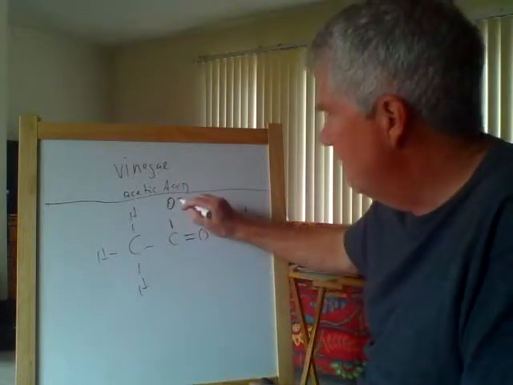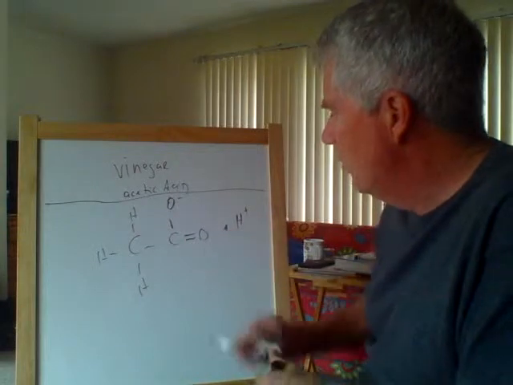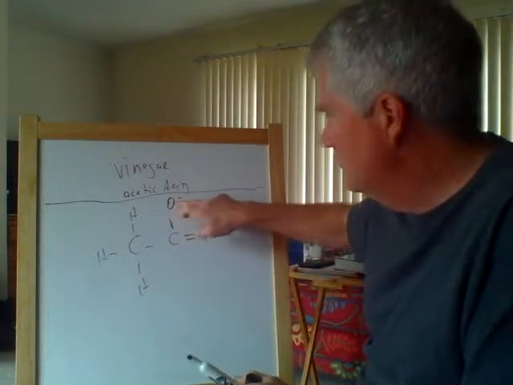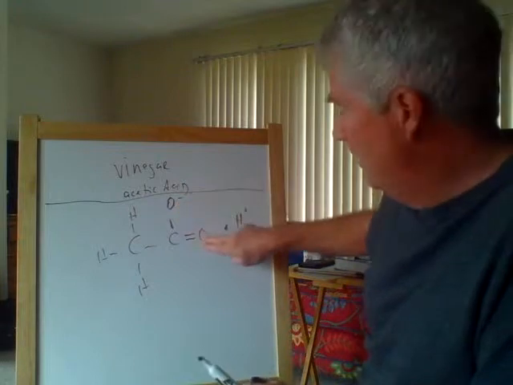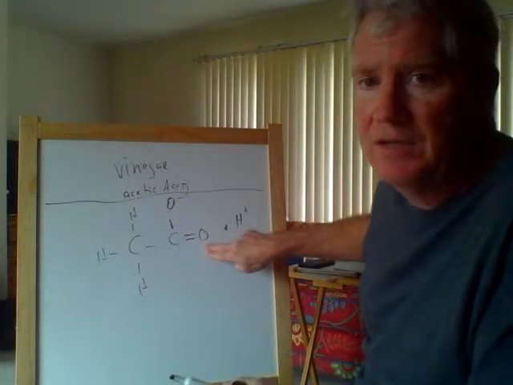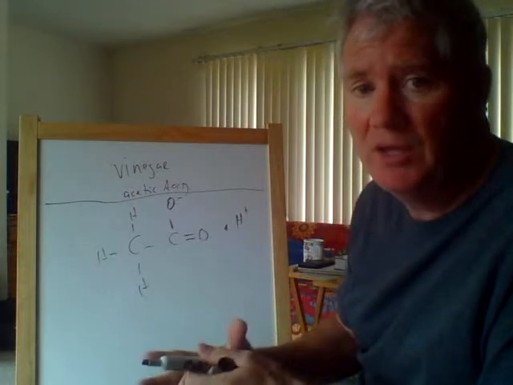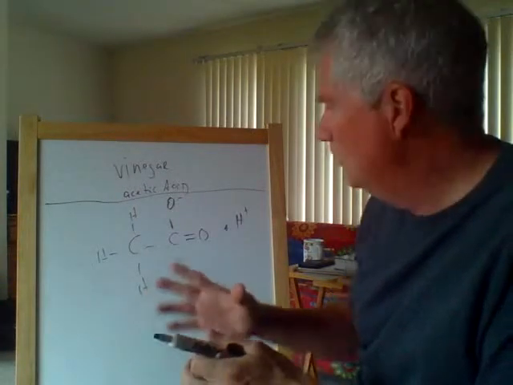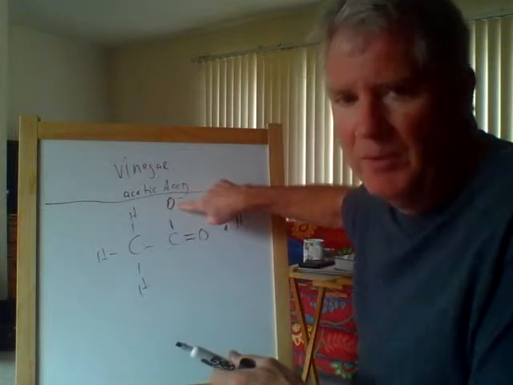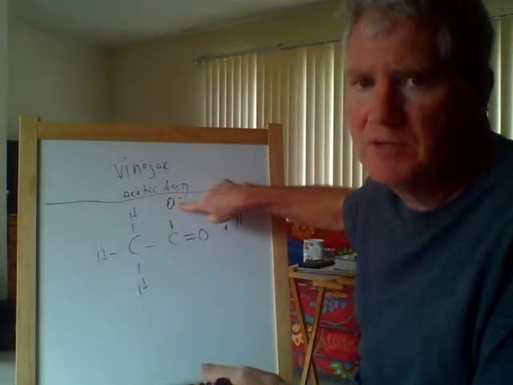It's almost like this oxygen has a half negative and this oxygen has a half negative. This results in a more stable ion than if only one of these elements had to take the whole charge on by itself.